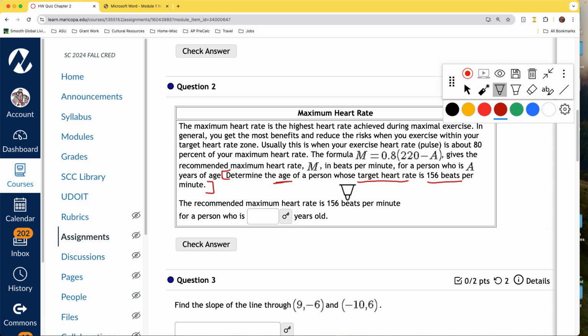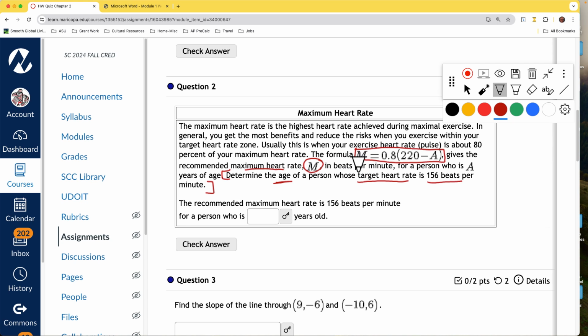I don't read. I look for equations and numbers and letters that might define it. Right away, I see an equation here. They've got the M and they've got an A. Maybe A means age. This equation gives the recommended maximum heart rate. Okay, so M stands for maximum heart rate. That was something about a target heart rate.